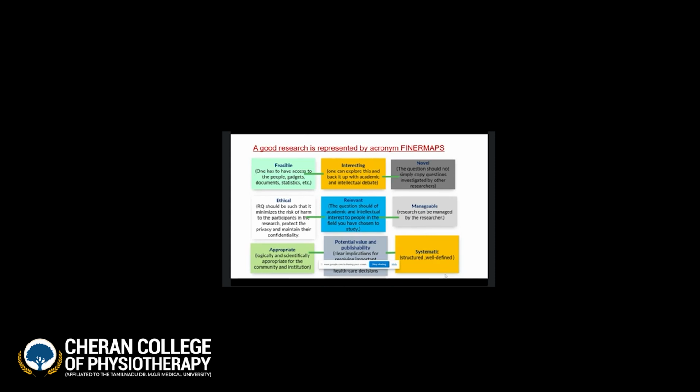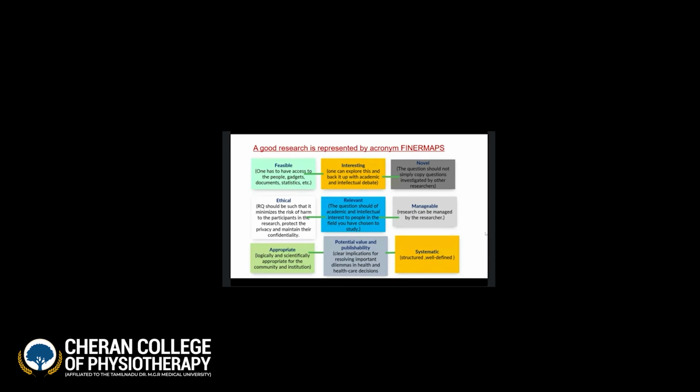Now, coming to the next point, how the good research should be represented, how we are taking a good research, what are the considerations we have to take. So I have just quoted some points over here as FINER MAPS. Is this slide visible? So good research is represented by the acronym FINER MAPS.